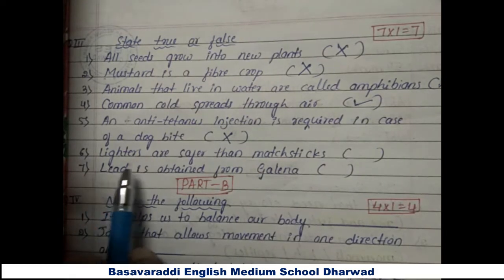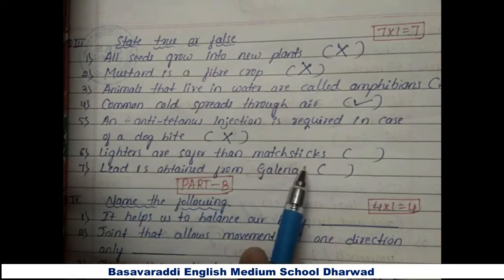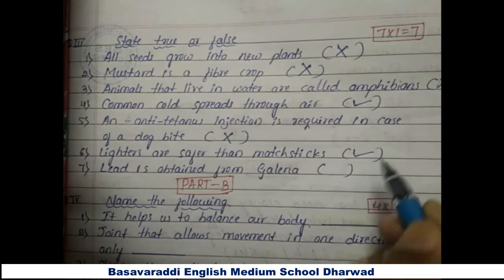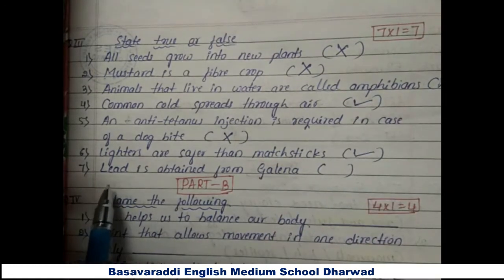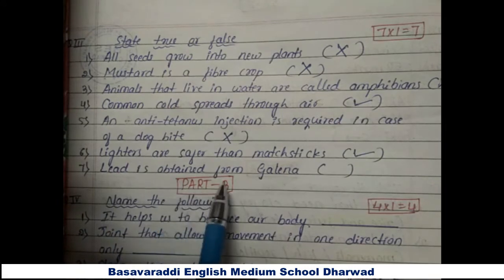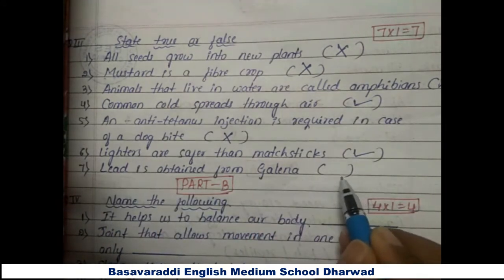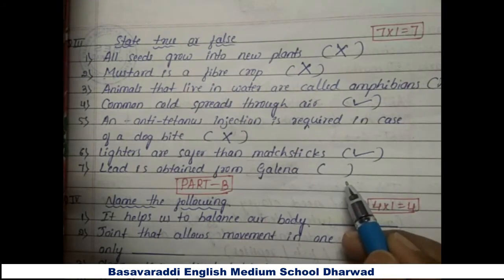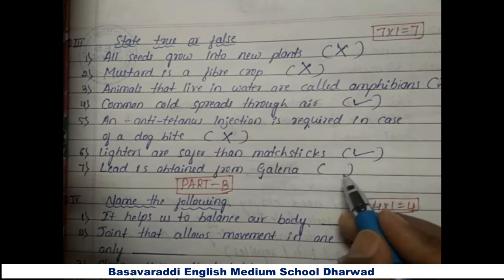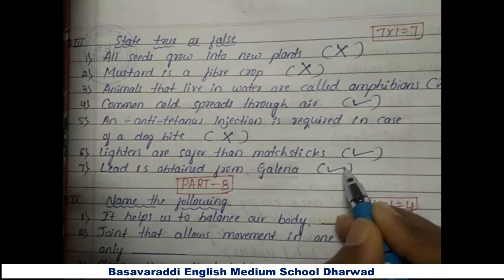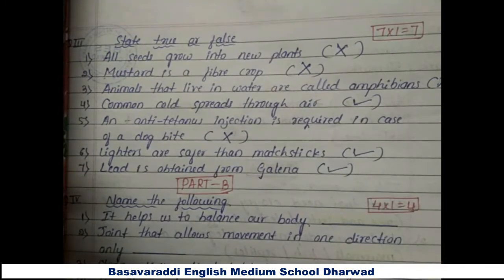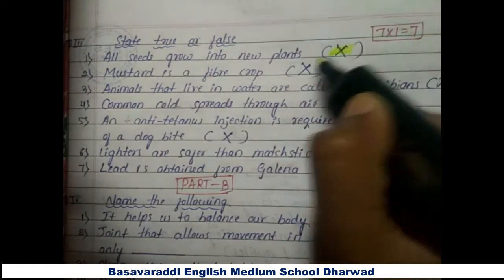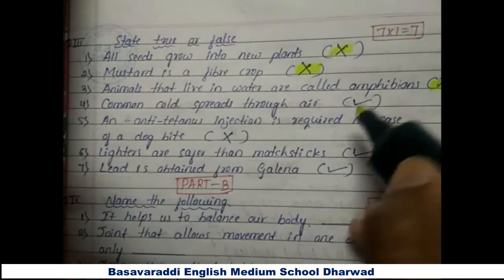Sixth one, lighters are safer than matchsticks. Wrong. Seventh one, lead is obtained from galena. Galena is also called lead glance. It is the natural mineral form of lead sulfide. Okay, these are the answers for the third question.